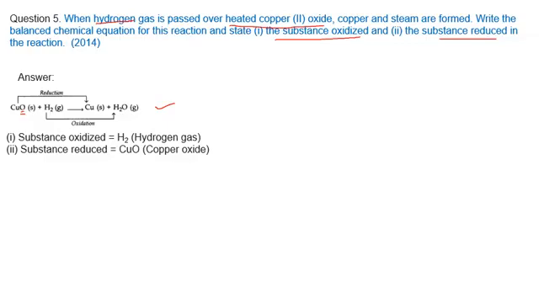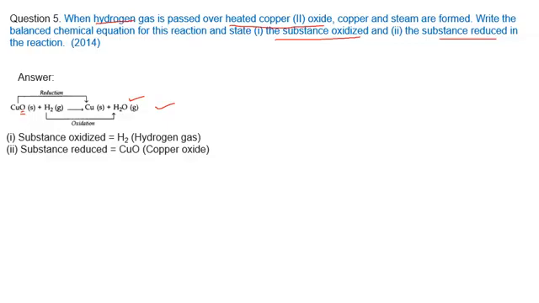And what happened to this oxygen? It will make a bond with hydrogen, it will form water. So hydrogen is getting oxidized. Oxidized means if an element is combining with oxygen, definitely this reaction is an oxidation reaction, and that element or molecule gets oxidized, right?